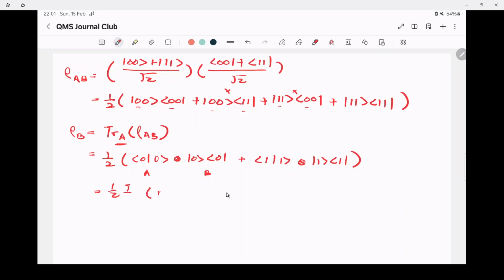And this is again what we call the maximally mixed state. So it means that you don't have any information about the system. So whatever kind of basis or measurement preparation that you are trying to do, you can't get any information out of this particular reduced density matrix.